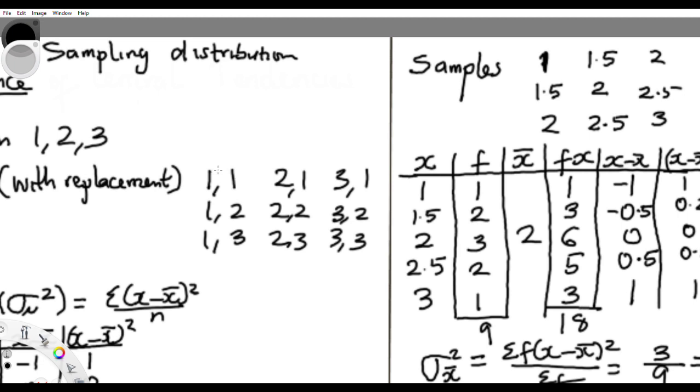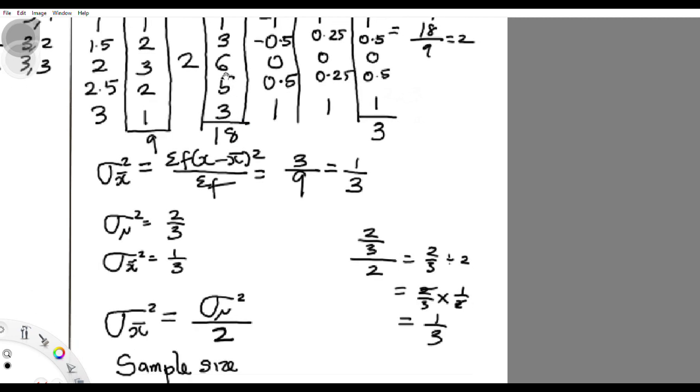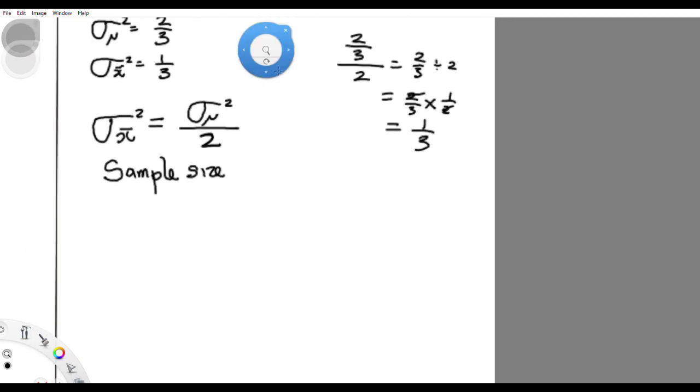So the sample size is actually the number of items in each sample chosen from the population, not the total outcome, like 1 2 3 4 5 6 7 8 9. No, not the total number, but the sample size, the number of items you pick at a go in the population. That is the sample size. It's very important that you note that. Very important. So the sample size is that.